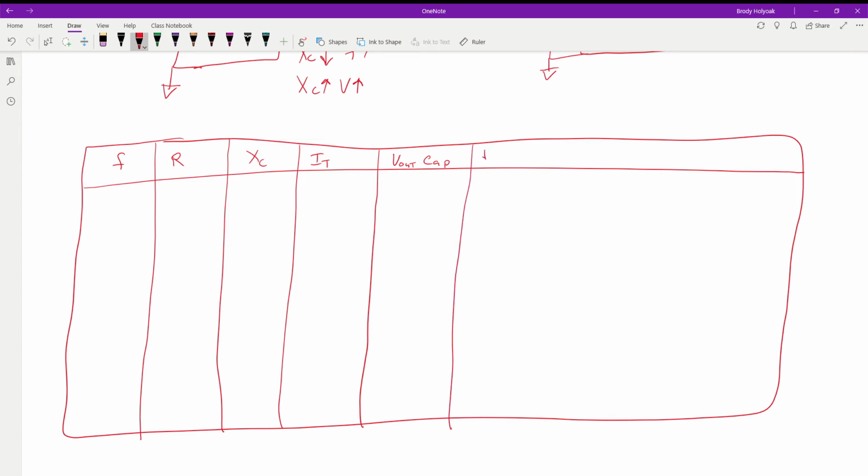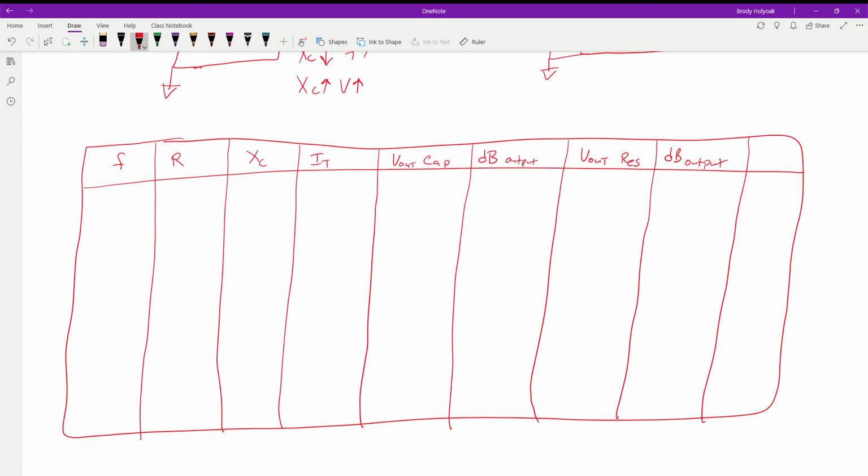What is the dB of our output? What's the decibels? Then we also want to find the voltage out for our resistor when we use that as our output, and again, what our decibels are on the output. And that last column I don't believe we are going to use, so we'll just leave it blank.